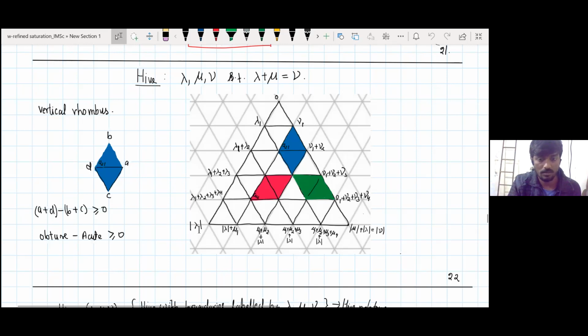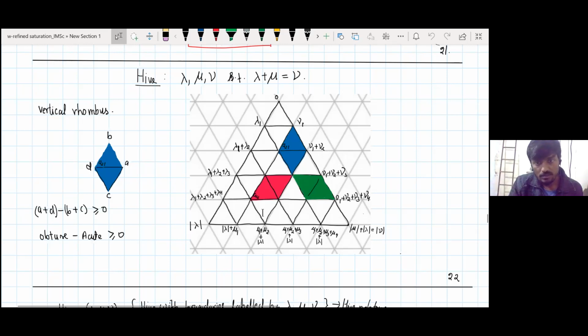The bottom you have to add mod lambda to mu partial sums, so you just add mod lambda everywhere. The right boundary will be the partial sums of nu, and the last one will be mod lambda plus mod mu, that is mod nu.